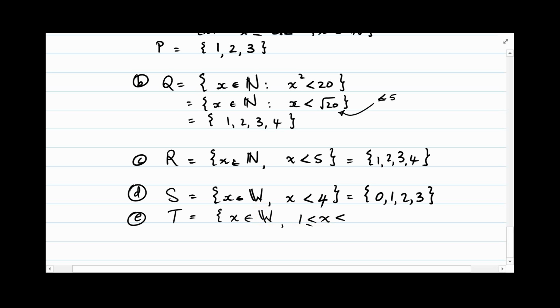So I'm bringing in some of those notation that you might have seen from your previous algebra class. So this reads that we have the set of x's. X is a member of the whole number such that x is between 1 and 5. Our x is greater than or equal to 1 but less than 5. So what we end up with is the answers or elements could be 1, 2, 3, and 4.